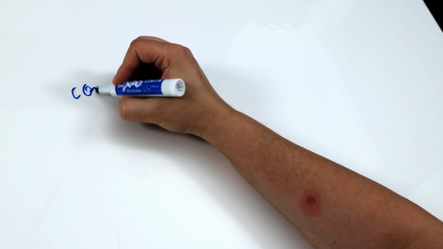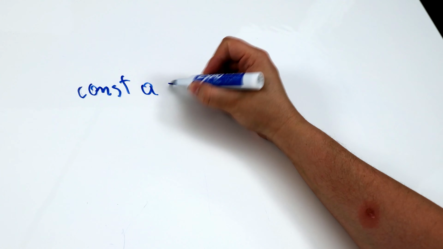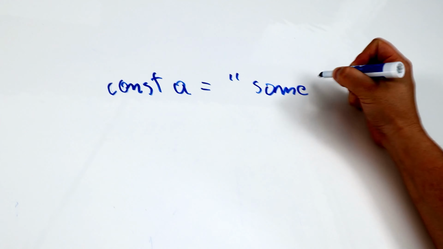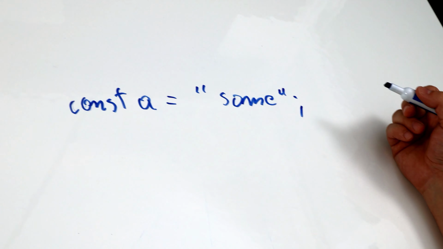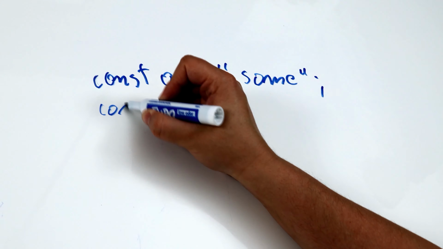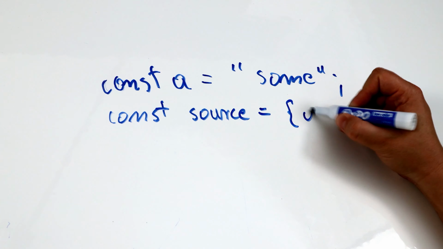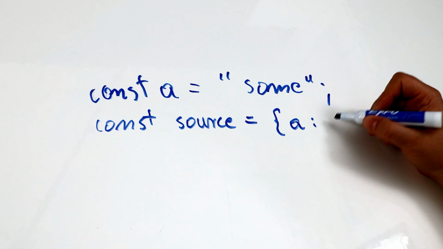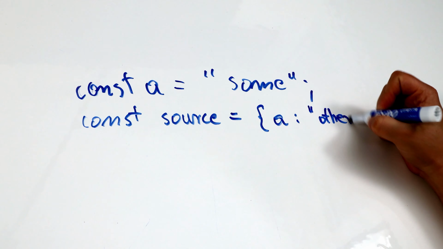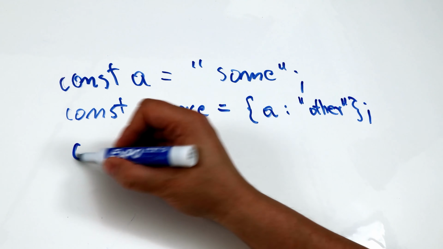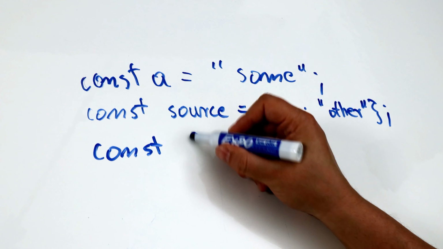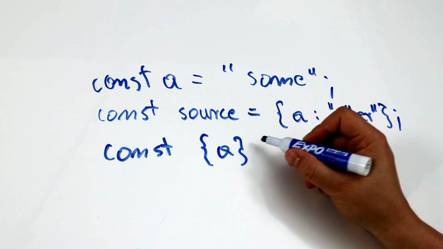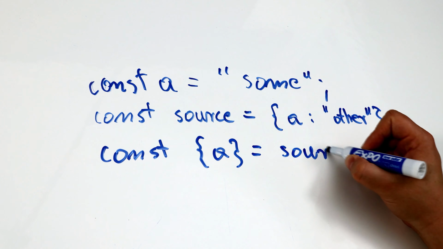To illustrate, say you have const a that has some value, and we're gonna create a source object that has a property a that has some other value. Now to destruct the a property, you'll have to do something like const a equals source.